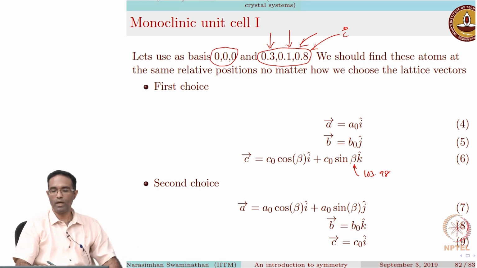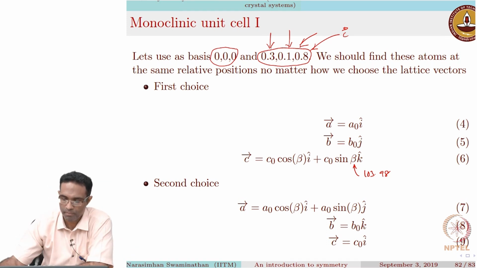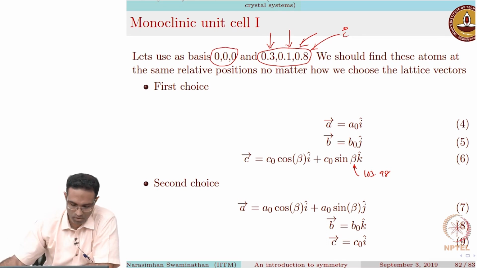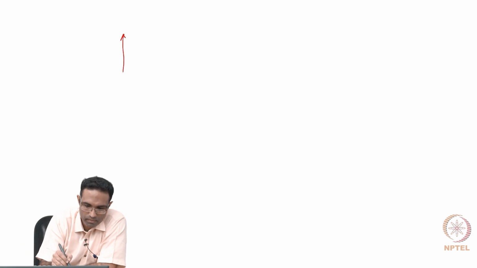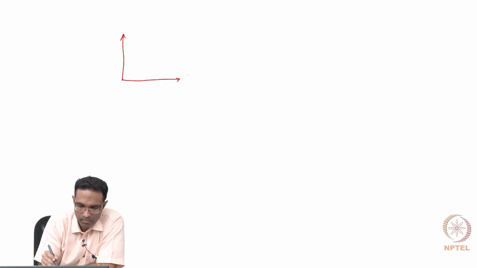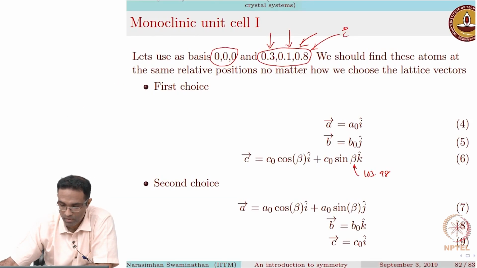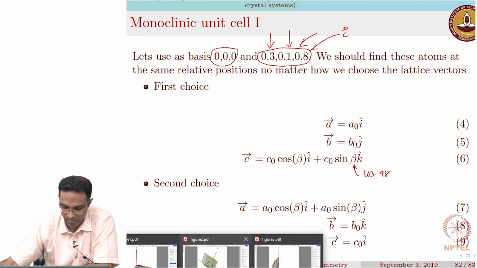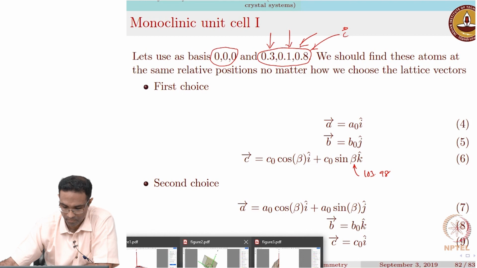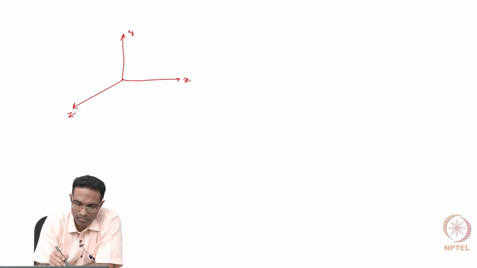First, I am going to choose my A along the x axis, so this will be my A vector, right?